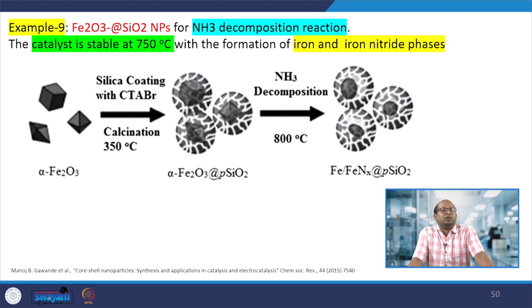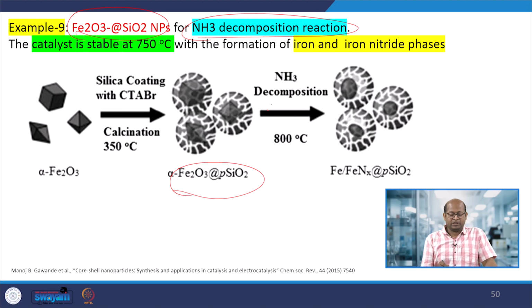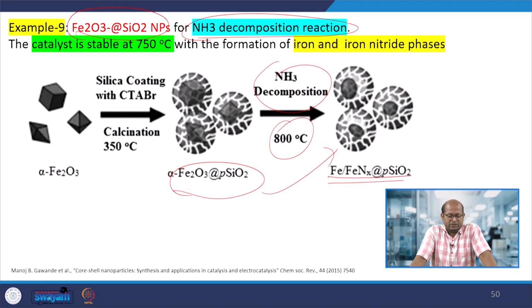Here is another: iron oxide in silica nanoparticles that can be used for ammonia decomposition. The material was prepared with silica coated by core-shell methods over the oxides, and it can be used for ammonia decomposition at high temperature. It is very stable at these temperatures, and this type of iron nitride species or phase formation occurs during the reaction.